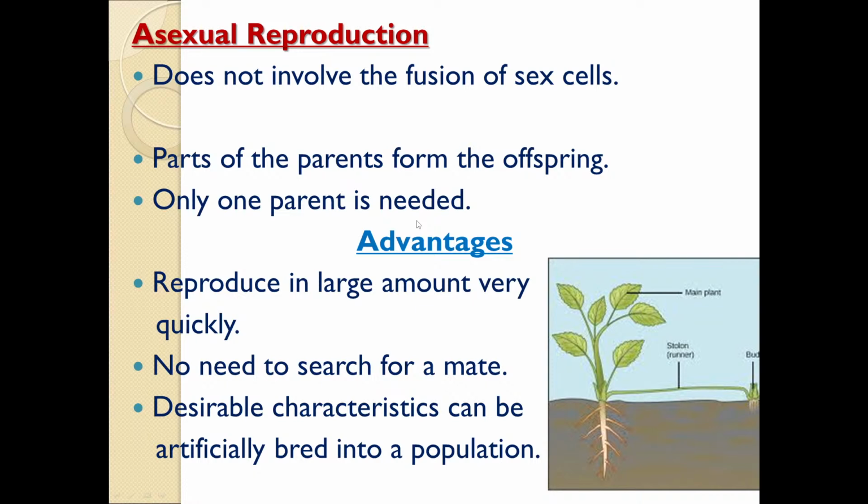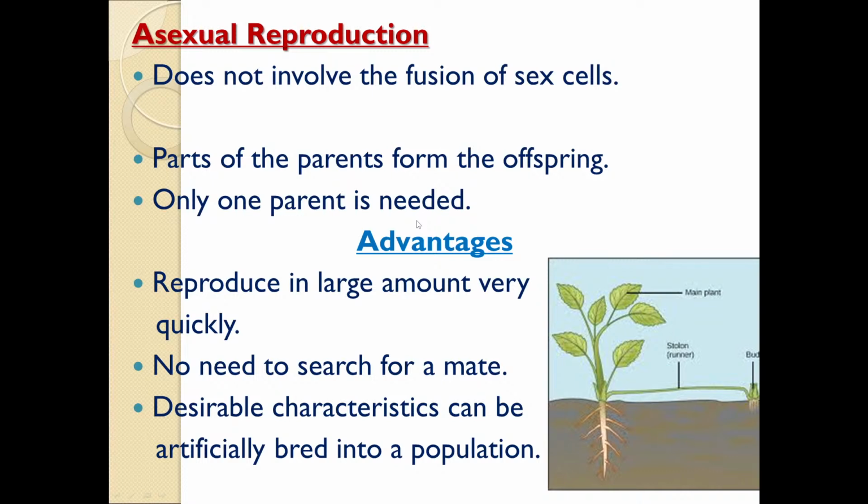Within 9 months, when you visit where you planted it, I'm sure you will see at least four different suckers shooting up from the root. So that's what they mean when they say that plants reproduce in large amounts and also very quickly. That's an advantage for asexual reproduction.